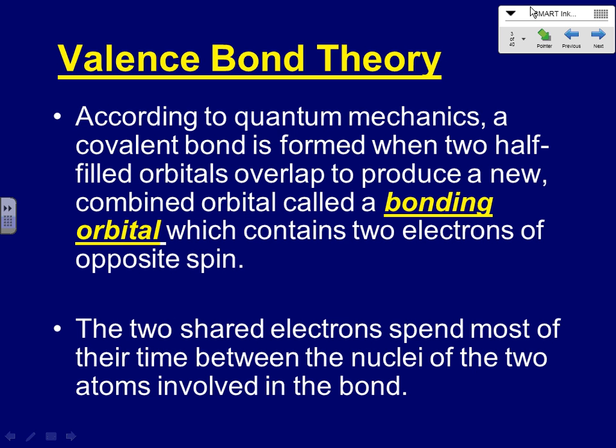You can have constructive interference and you can have destructive interference. And when two orbitals overlap to produce constructive interference, the wave gets bigger. That's just a law of physics. That's nothing to do with quantum mechanics.